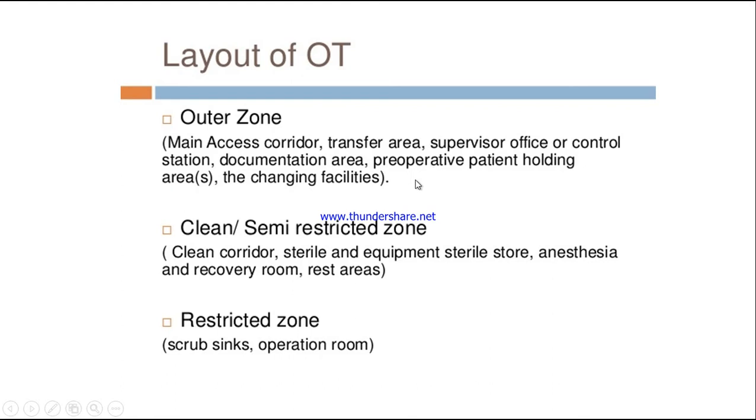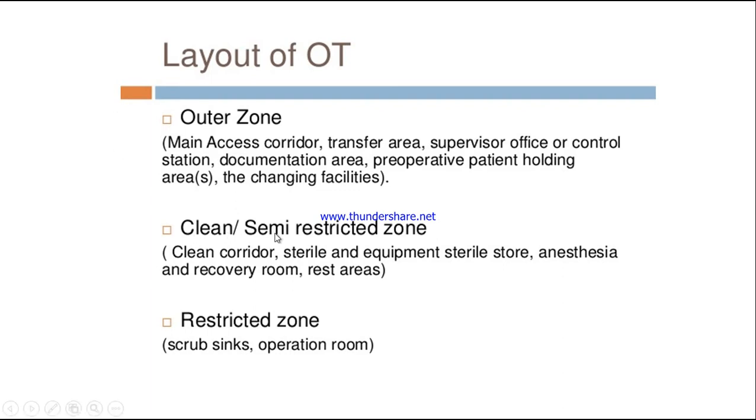There is a pre-operative room in OT, a post-operative room also, and the changing rooms, where the doctors or nurses change their clothes. These are also in the outer zone.